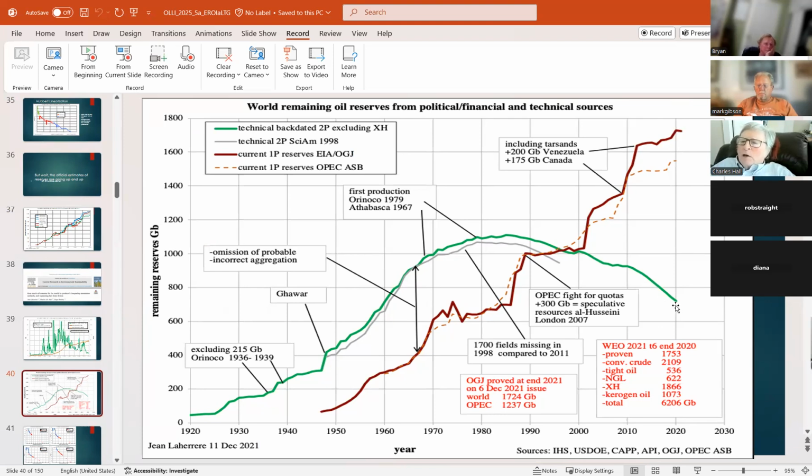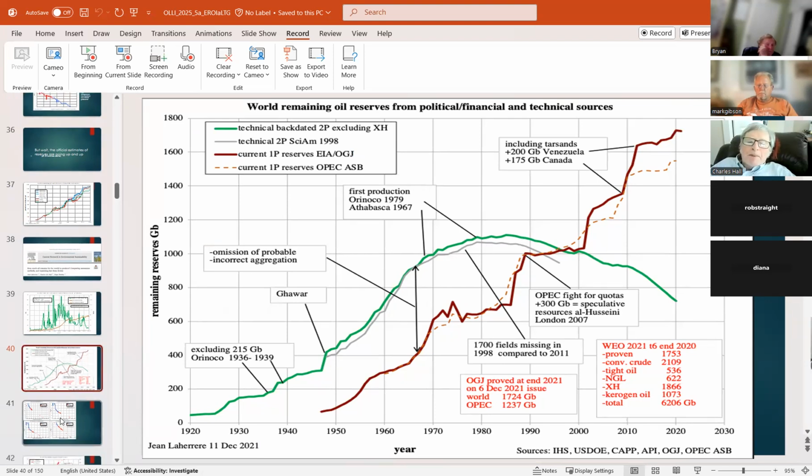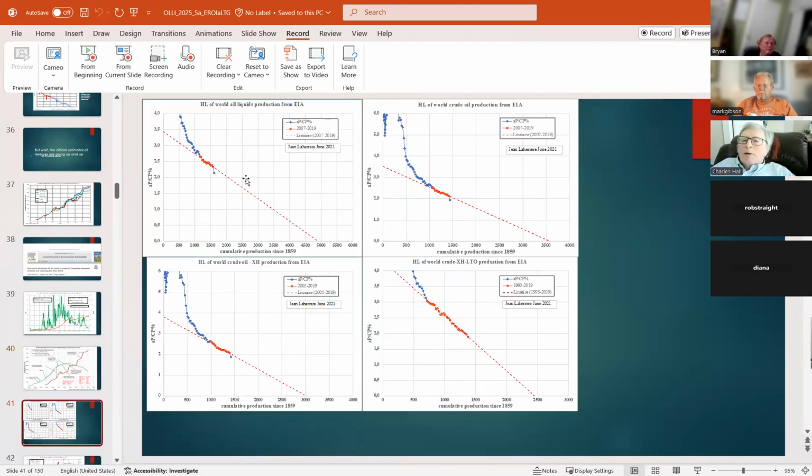Now, this is for technical reasons, and I'll explain if anybody cares that much, but it was based on using Hubbert linearizations for what's called all liquids, for crude oil, which is just the good stuff you get out of the old traps.